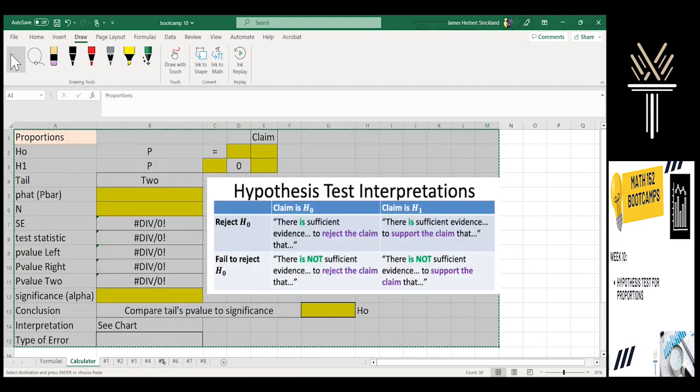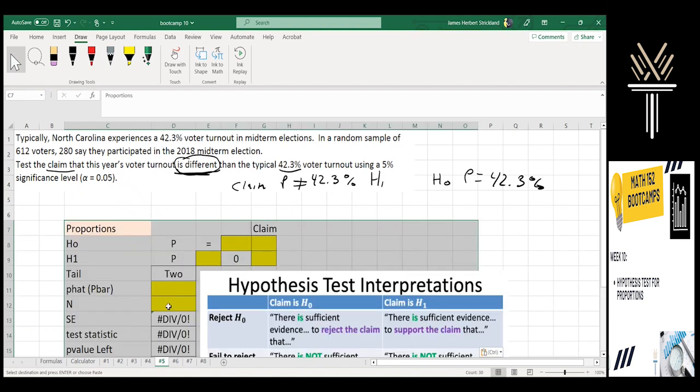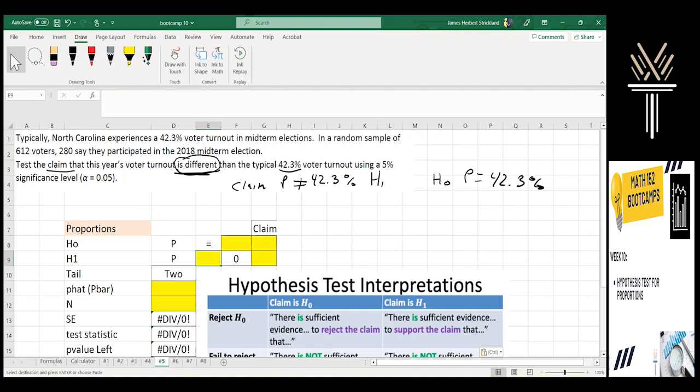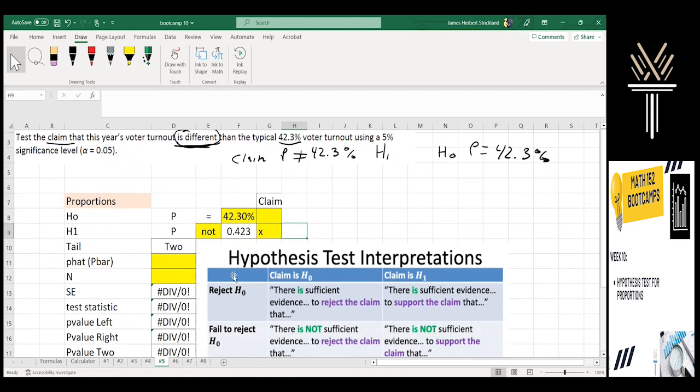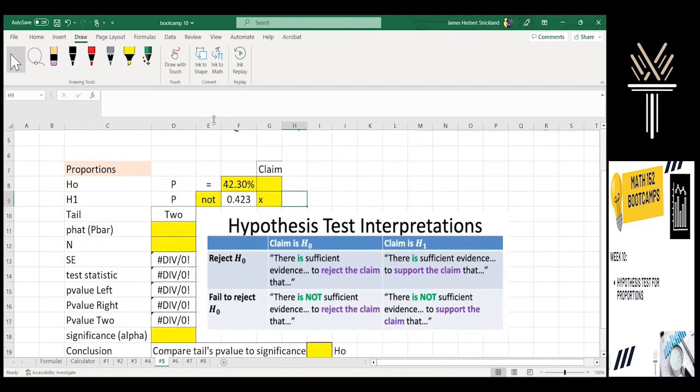So copy, paste it, and we're saying that it's definitely going to be not equal to. The value in question is 42.3%, and the alternative is determined by the claim. And again, because it's not equal, we're doing a two-tailed test, and so we only care about the two-tailed p-value.